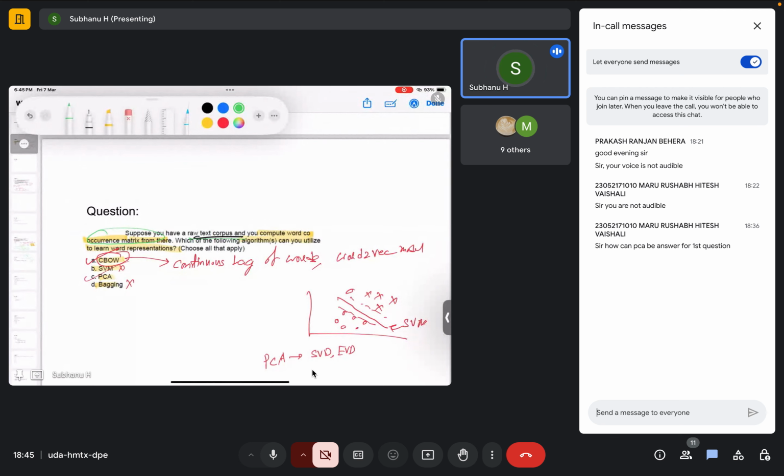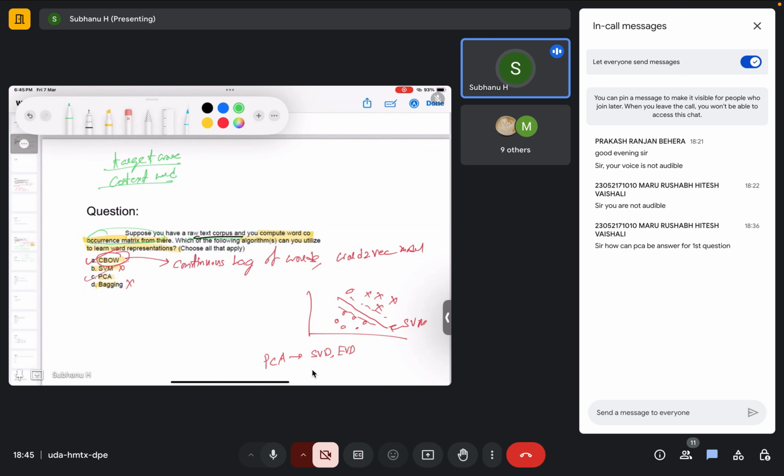You have three things. One is the target word: pick the word you are interested in. Then you define a context word. The context word is the words surrounding the target word.